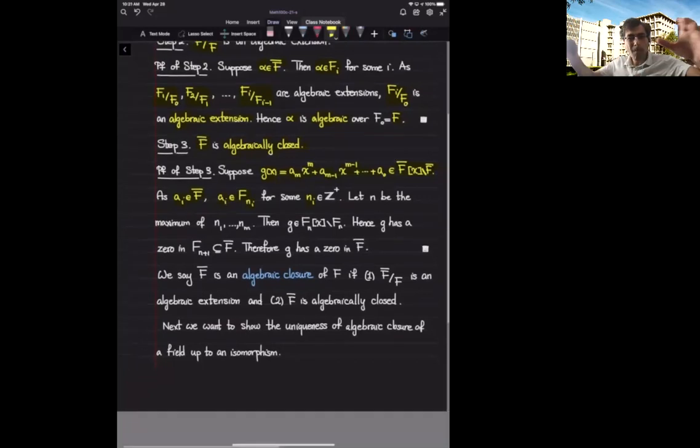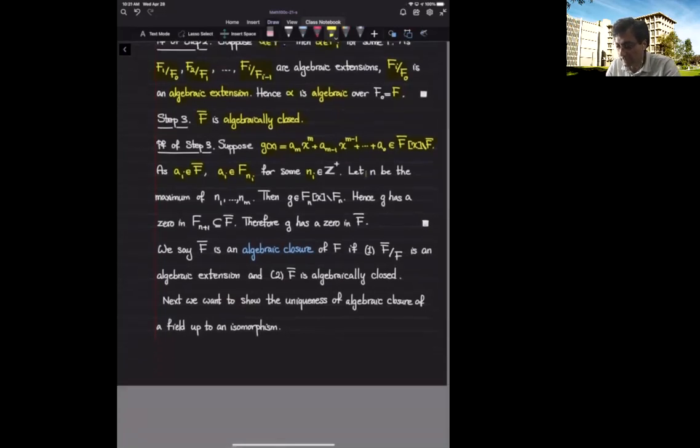Now again, the F sub j's are a chain. So if I take the largest involved index and call it n, then all these coefficients belong to F sub n.